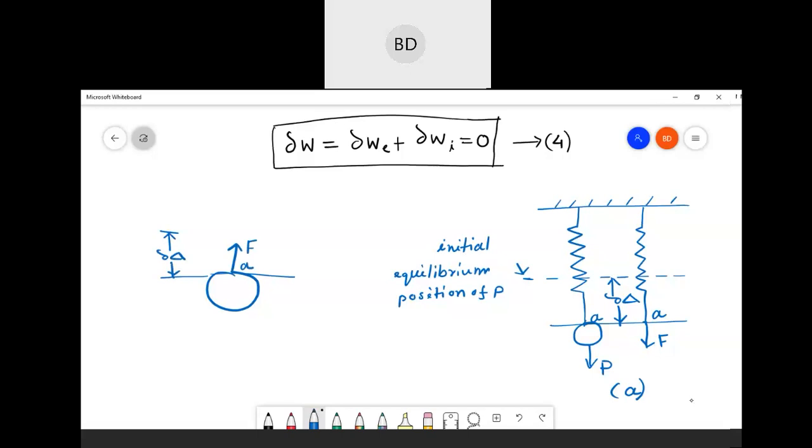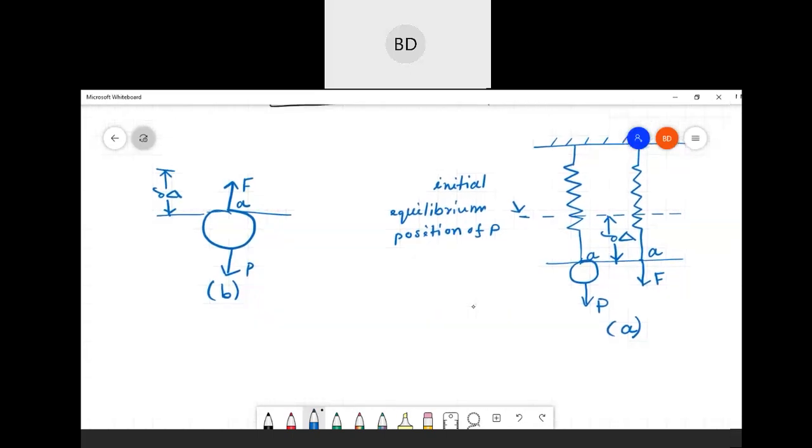This is point A. This is P, figure B. You have to give the caption: Fig. Partial displacement mass spring model.